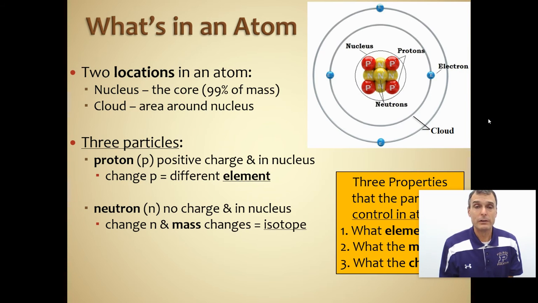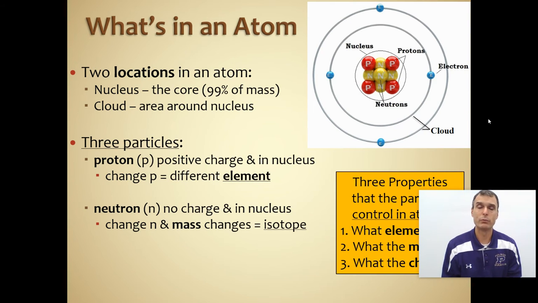Next up, also in the nucleus, is the neutrons. Neutrons sound like the word neutral. So they have neutral or no charge. Their symbol is a small n, lowercase n. And they're located in the nucleus where 99% of the mass of the atom is. So if you change the number of neutrons, you're not going to change the charge. It won't get more positive or more negative, but you will change the mass.